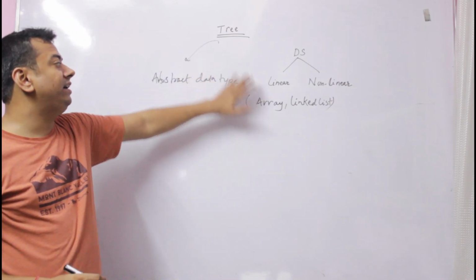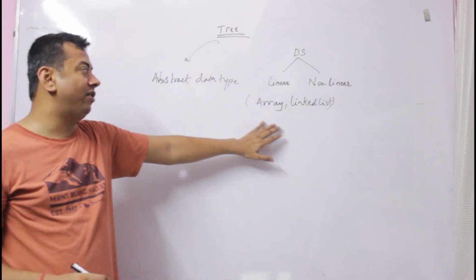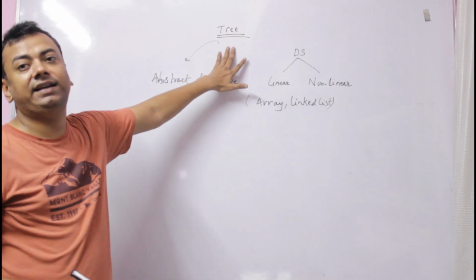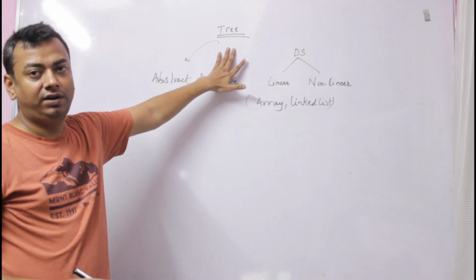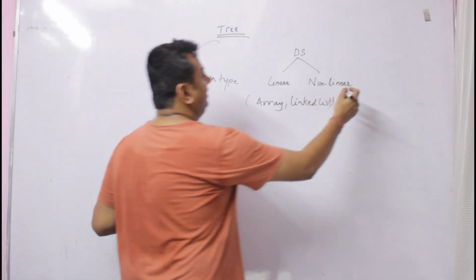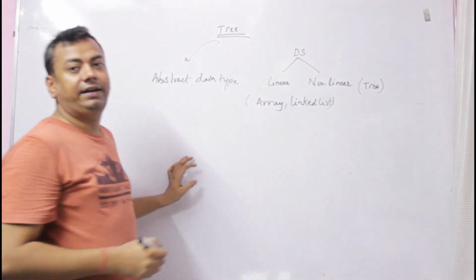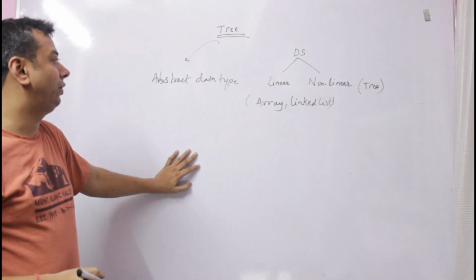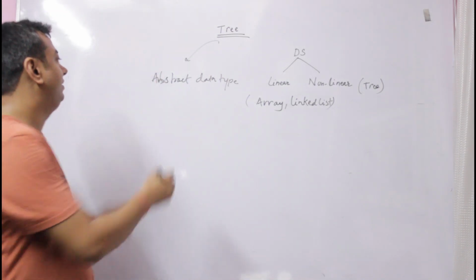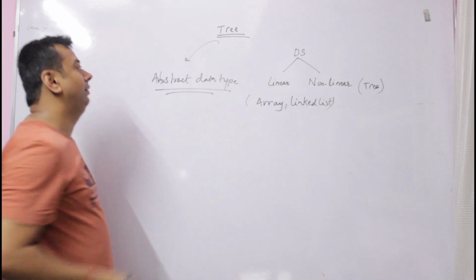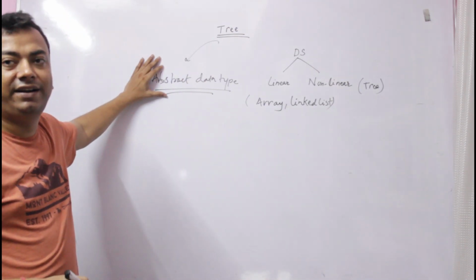If you know the underlying implementation is array or linked list, then you can say tree is also a data structure, categorized as non-linear data structure. You may read more about abstract data types.